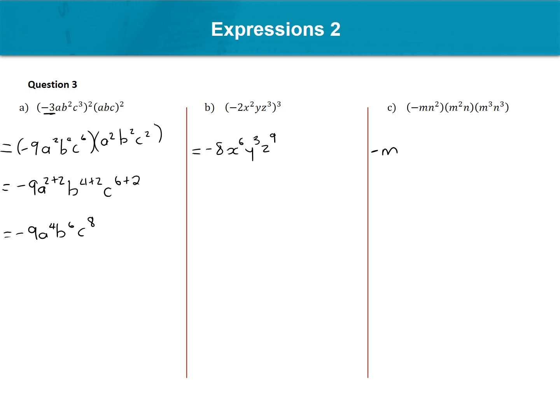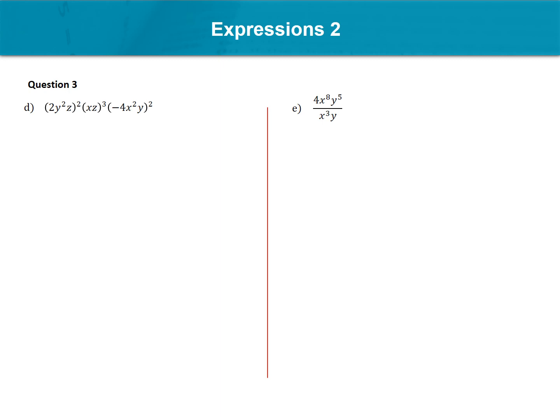So this is to the power of 1 over here. Then we have to the power of 2, so it's plus 2. And we have to the power of 3 as plus 3. Then let's look at our n's. We only have positive n's. We have 2 plus 1 plus 3. And you're left with a negative m to the 6 and n to the 6.